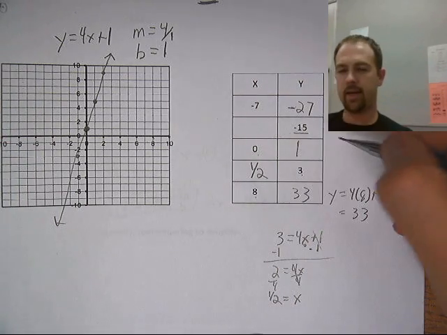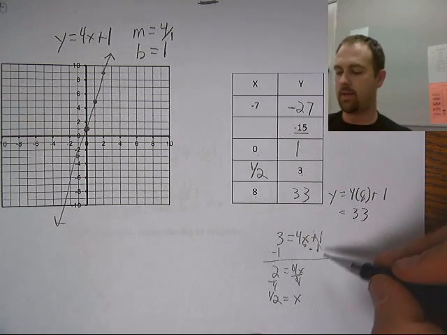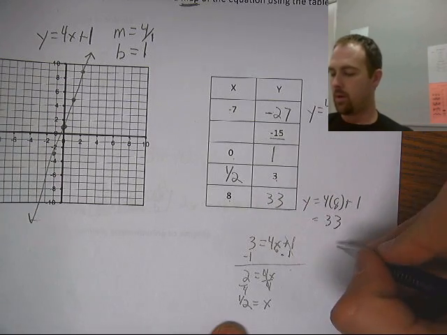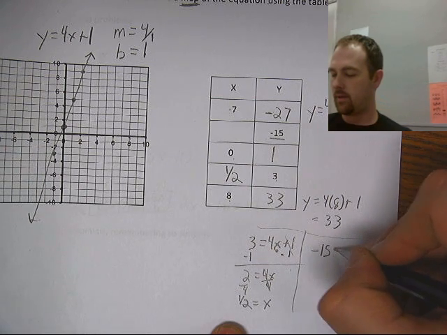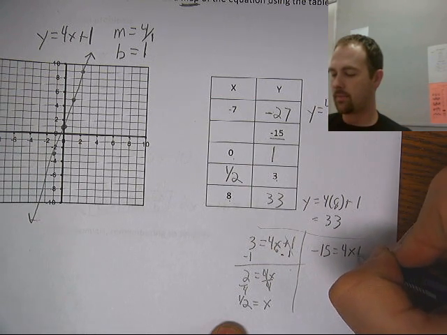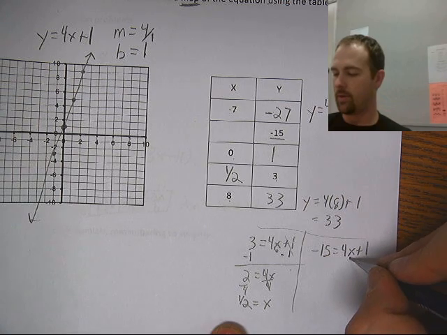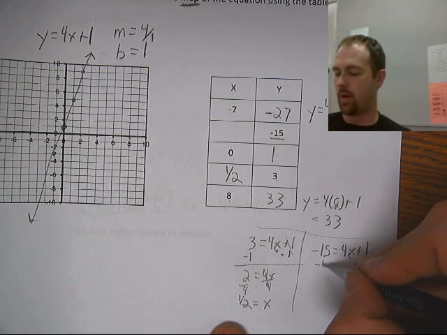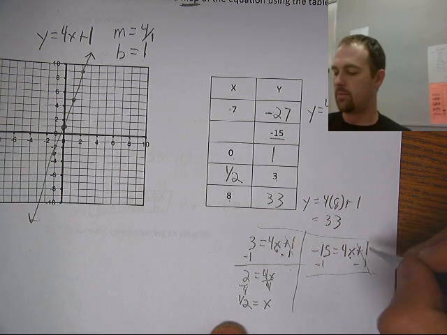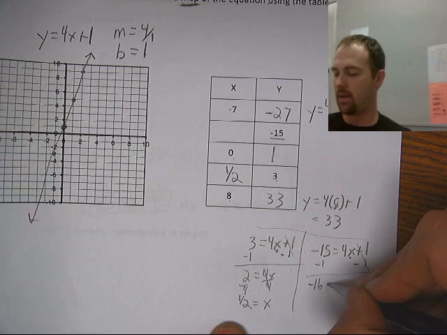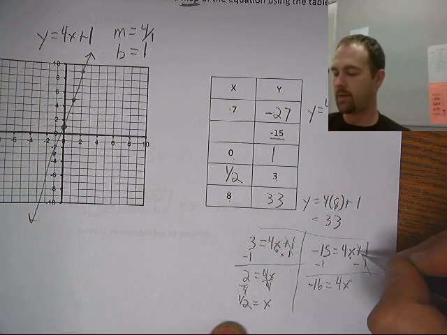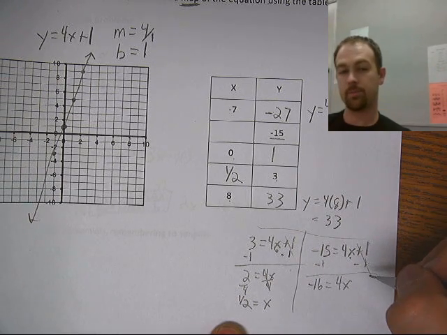And then negative 15. Same thing as this, but just a different number in it. Negative 15 is equal to 4x plus 1. Again, we still want to solve for that x. Same process as before. Subtract 1 gives me negative 15 minus 1, negative 16 equals 4x, and the 1s cancel out.